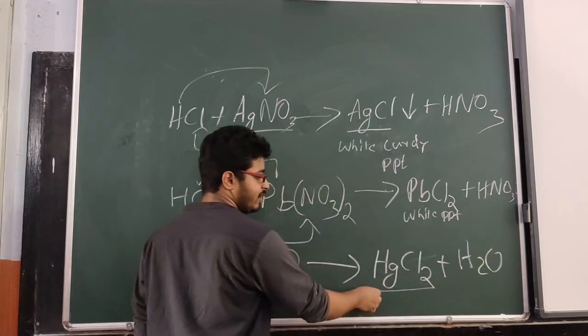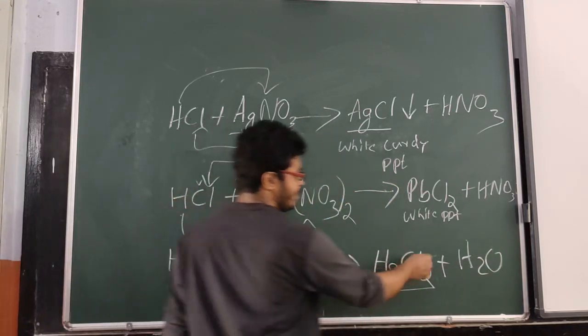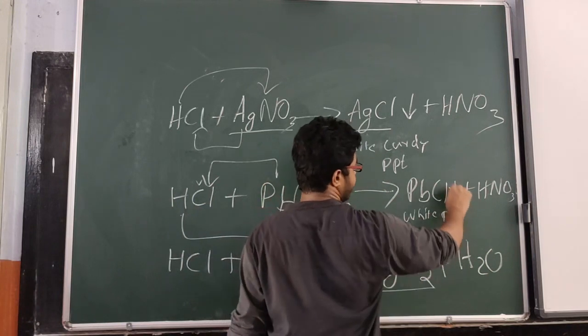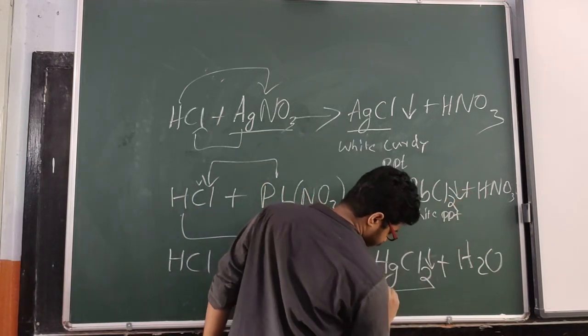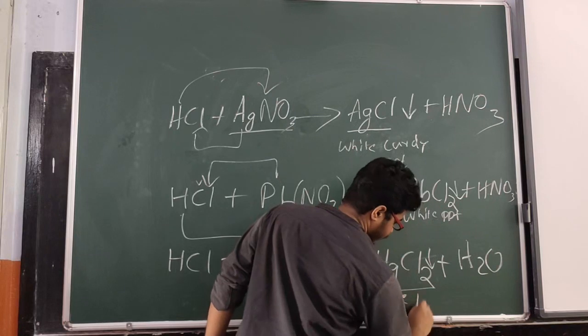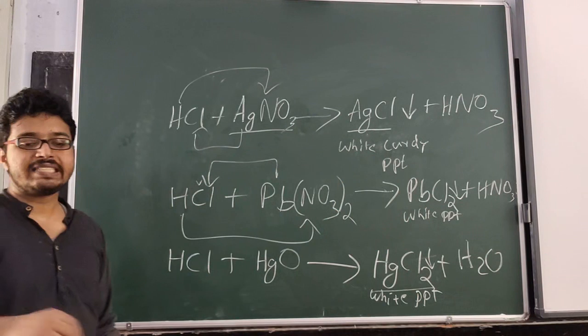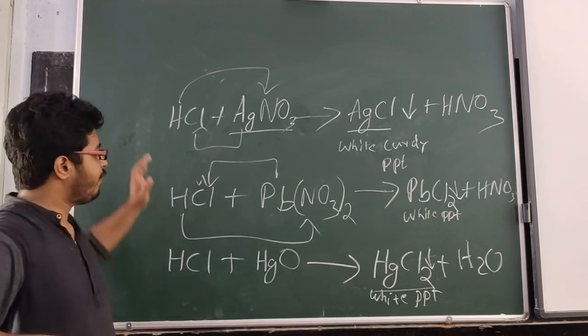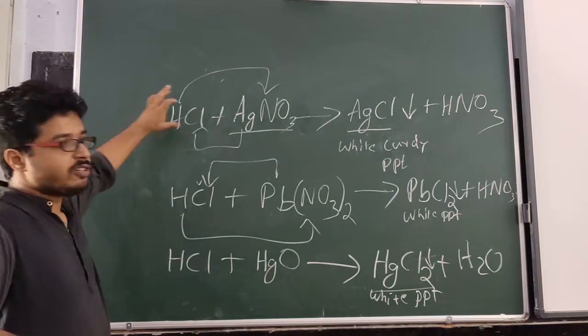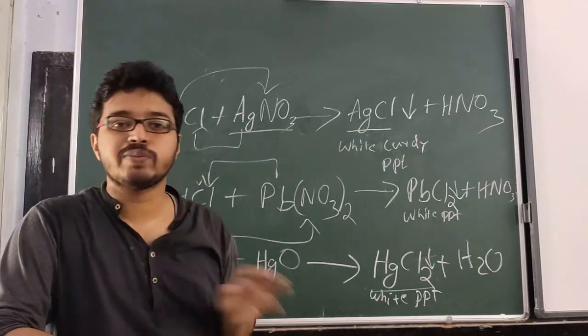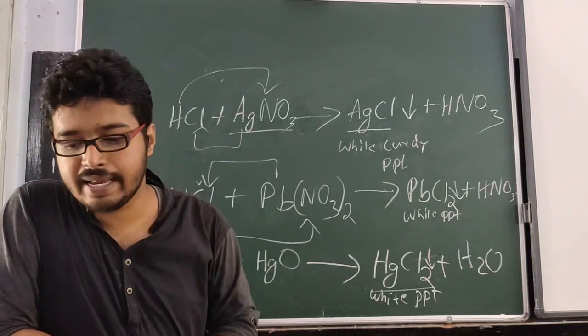Here HgCl2 will also be a white precipitate. So go and write the downward arrow. Okay. So this is about the reaction of HCl to form certain precipitates, or precipitation reactions using HCl.